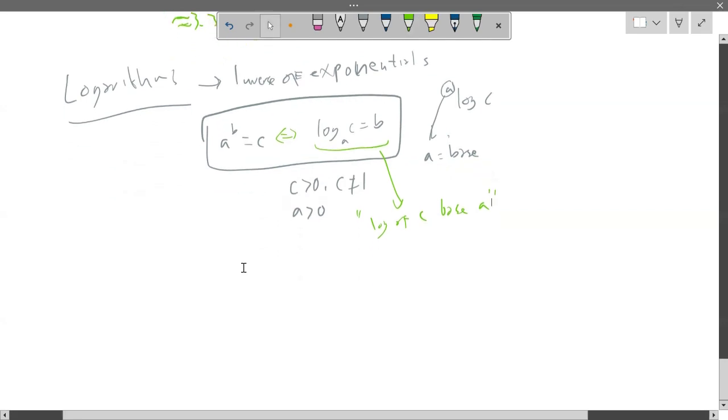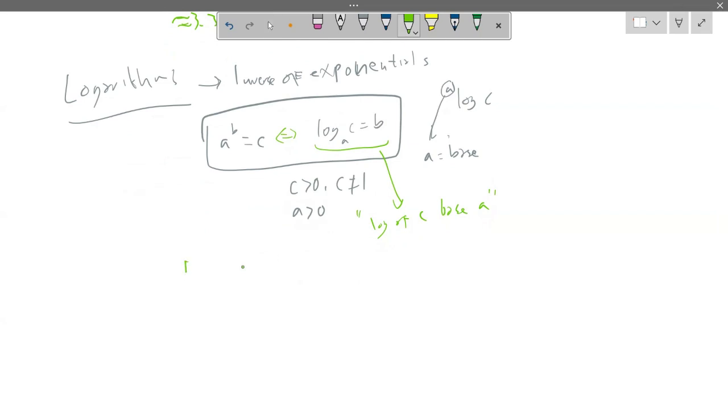So in the previous examples, we want to find, for instance, 2 to the power of t is equal to 100. In the cell division example, we want to find how much time has elapsed to observe exactly 100 cells.